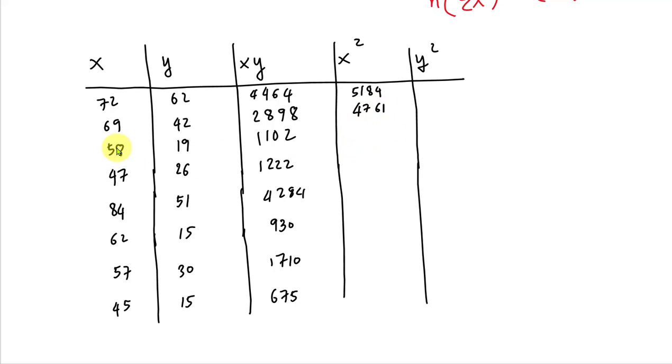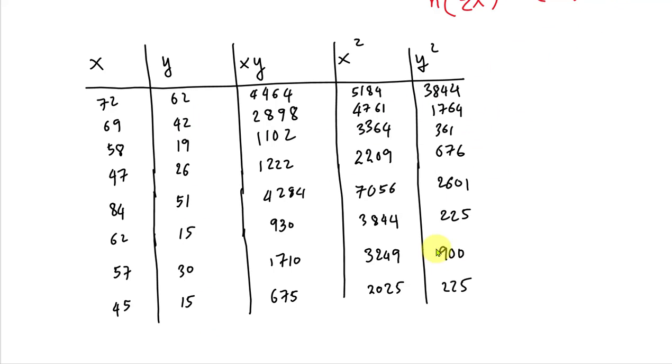And you would do the same thing for each of the x here to get all of the values below. And the last column we would do the same thing, but then we take the y value squared. So we have 62 squared, which will give me 3844, and then we repeat the same thing for the rest of these values.